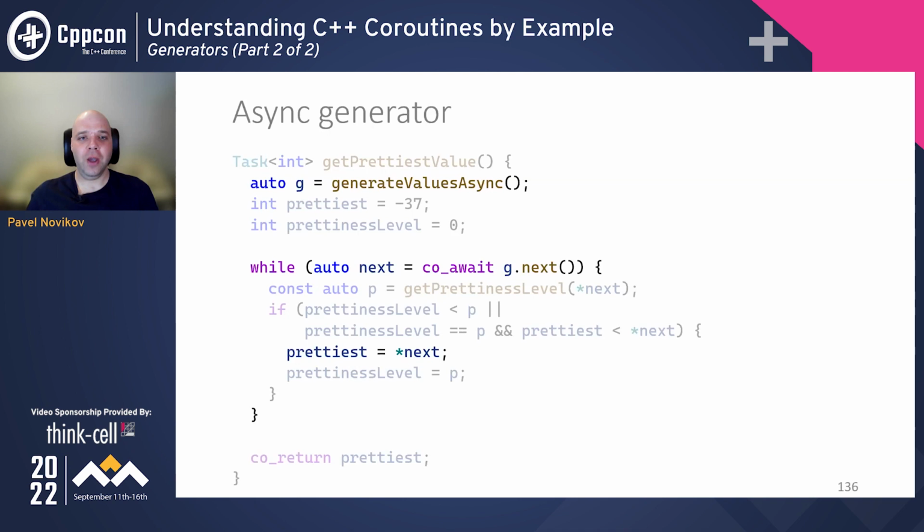The co-wait can return an empty optional telling that the generator has no more values. It can return optional with a value, in which case we can access that value by dereferencing the optional. And otherwise, this co-wait expression can throw, indicating that an exception was thrown inside the generator coroutine.